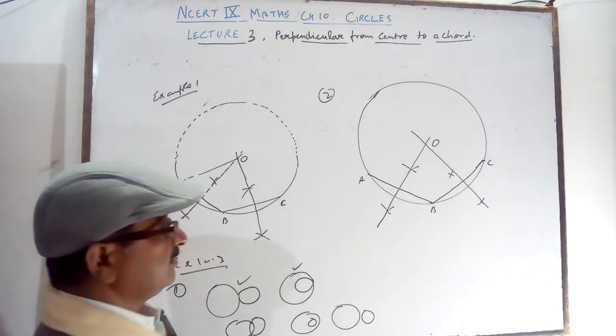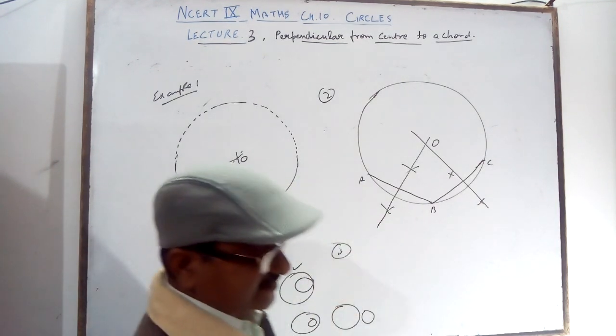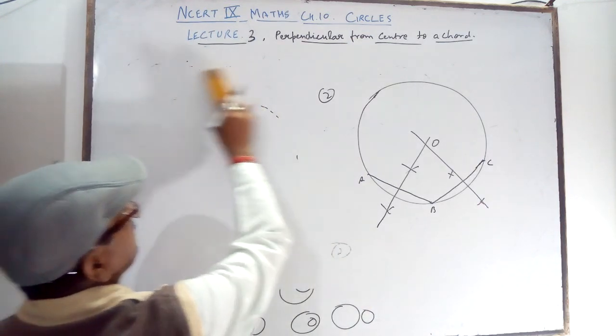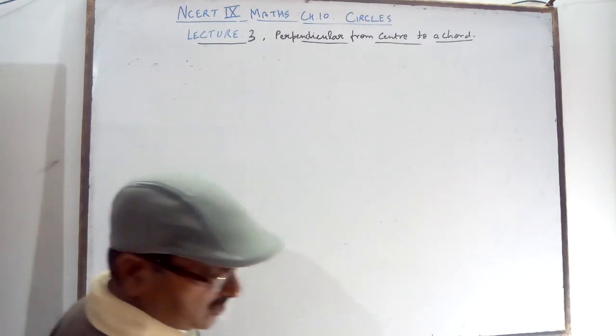Very simple. Third and last question: if two circles intersect at 2 points, question number 3 of exercise 10.3.